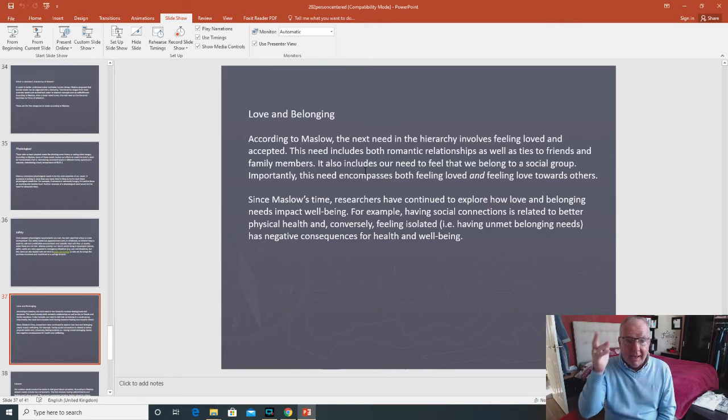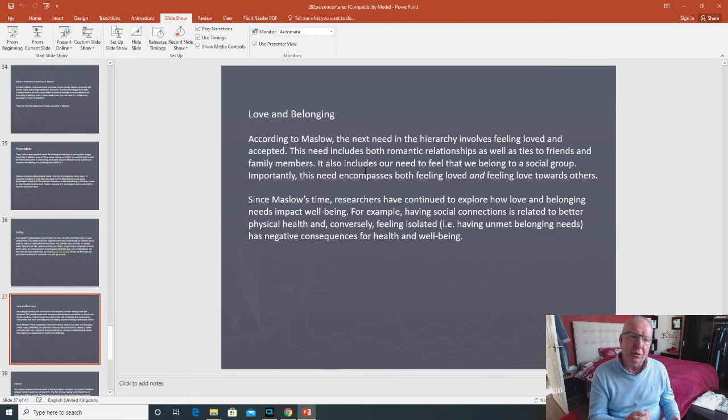But what we're saying here, that they become very important at that point. When our attention is being overwhelmed by our basic needs and we need to get a roof over our head, we need to get a job, perhaps love and belonging is not as important at that particular time, but it is important when they've been satisfied.